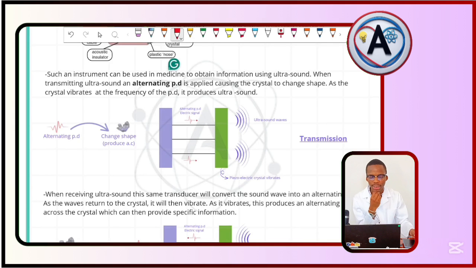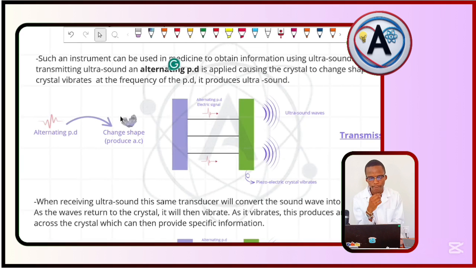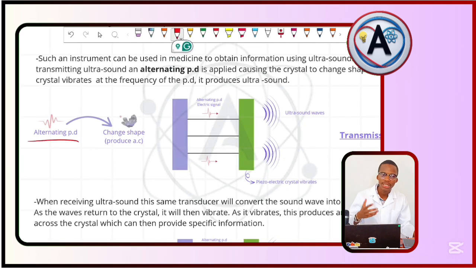How does that work? The first thing is going to be here. If you apply an alternating PD, which can be produced using a signal generator, so a PD that goes positive, negative, you can cause a change in the shape of a quartz crystal, right? If you apply a potential difference, you can change the shape of a particular material.